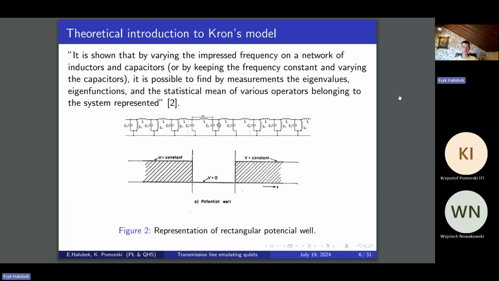This particular piece of the circuit is the most important because it represents the place where we have a potential well. In this case, it's a rectangular potential well, which is realized by removing the inductors from the middle of the circuit.